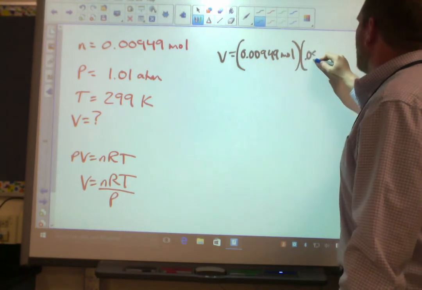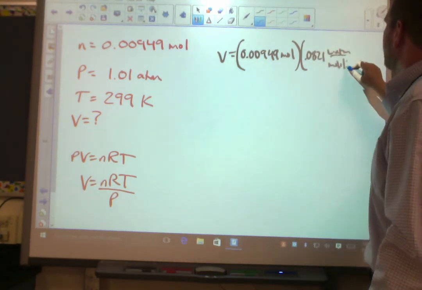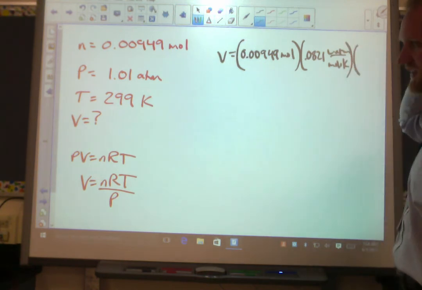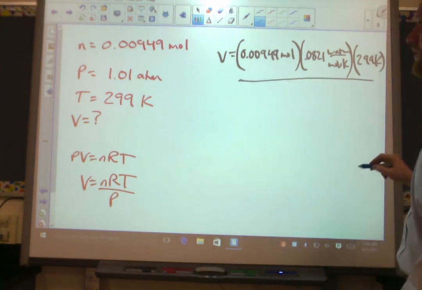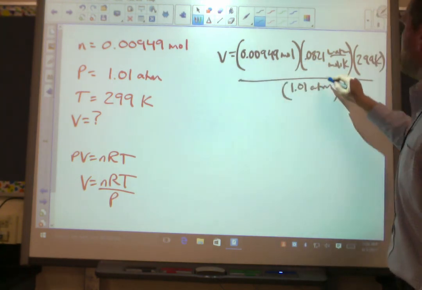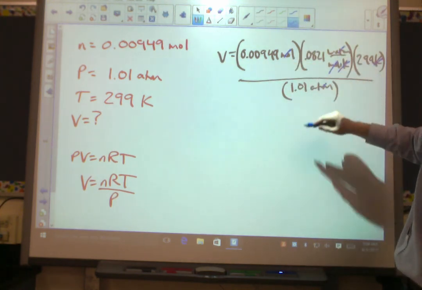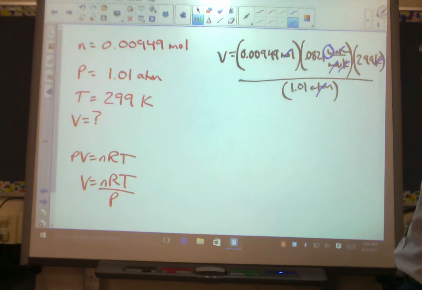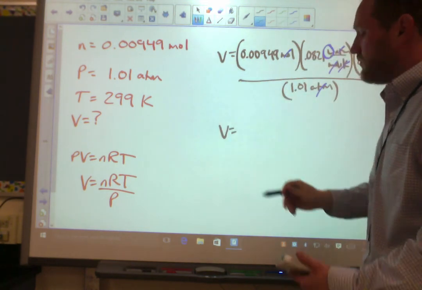R is 0.0821 liters atmospheres over moles Kelvin. T is 299 Kelvin, divided by P, which is 1.01 ATM. Let's check our units. Mole cancels mole, Kelvin cancels Kelvin, ATM cancels ATM. We're left with liters. Does that make sense for volume? Yeah. Let's see what we get.